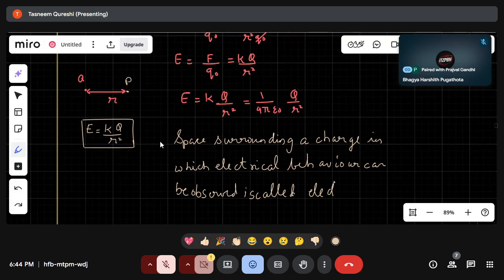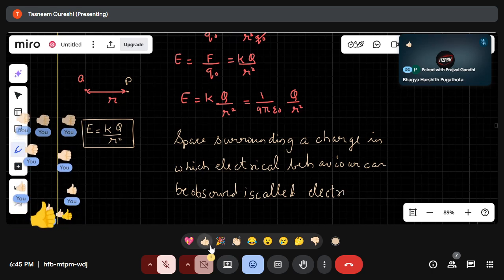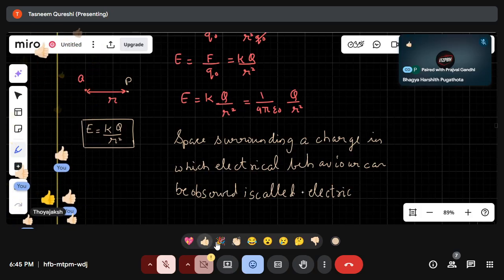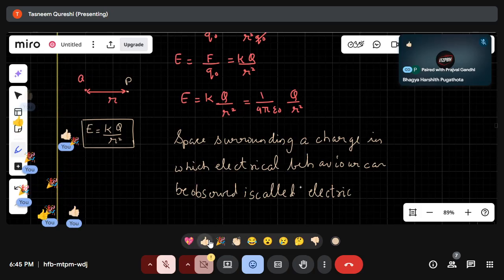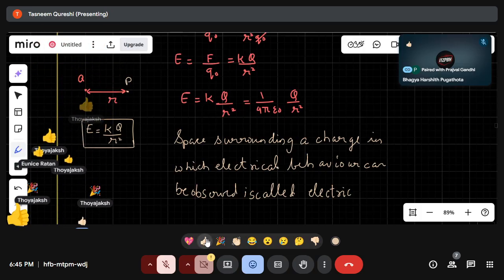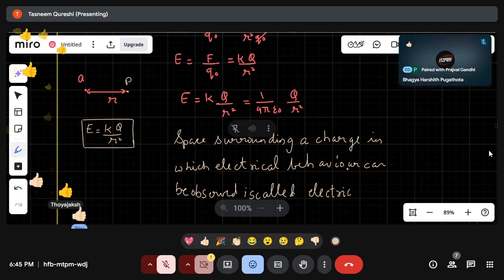Is it clear, everybody? We'll get further clarity. Like we will find electric field due to one charge, due to two charges, due to ring, due to some sphere, due to some sheet, due to some wire, everything. As we move on further, the things will repeat and you will get further clarity. So space surrounding a charge in which electrical behavior can be observed is called electric field.